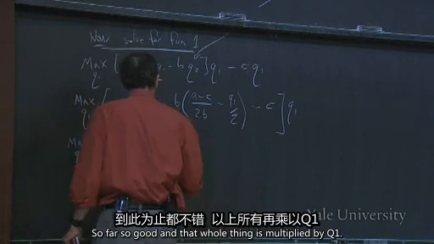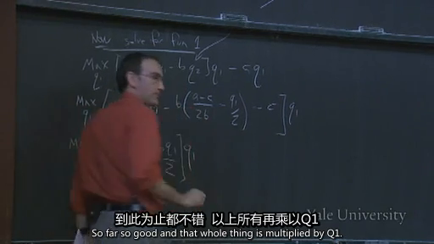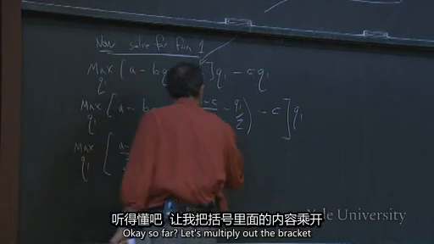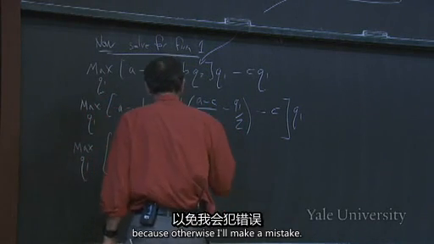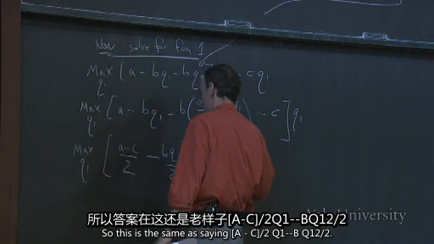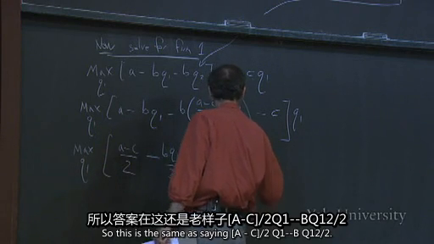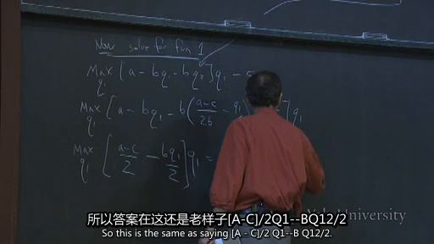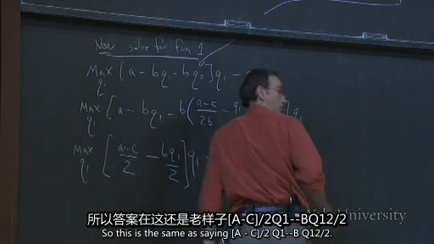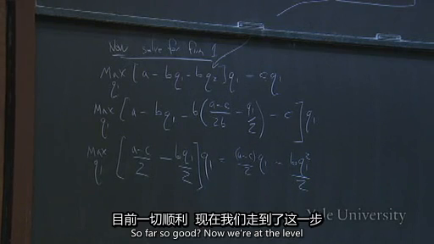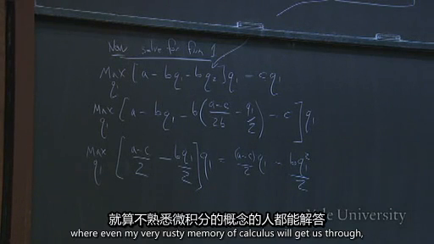And that whole thing is multiplied by Q1. Okay, let's multiply out the bracket, because otherwise I'll make a mistake. So this is the same as saying (A minus C) over 2 times Q1 minus B Q1 squared over 2. So far, so good? All right, now we're at the level where even my very rusty memory of calculus will get us through.